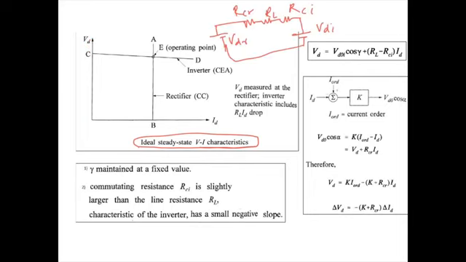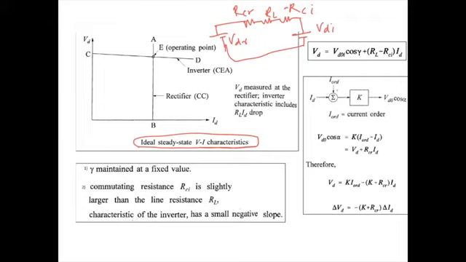As we know, the DC link can be represented by a variable DC source VDR, a variable DC source on the inverter side VDI, and three resistances, namely RCR, RL and RCI. Now this RCI should have a negative sign here.